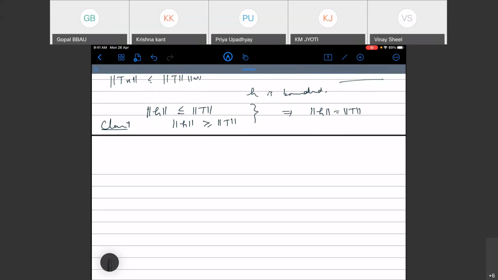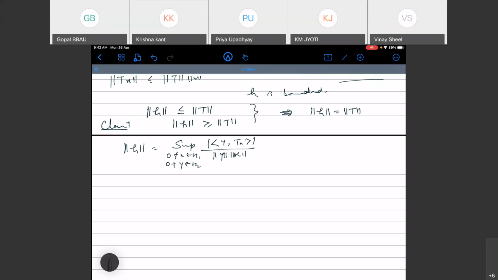This part is easy, so we use the same trick as above. By definition, norm h is the supremum of |⟨y, Tx⟩| by norm y norm x.